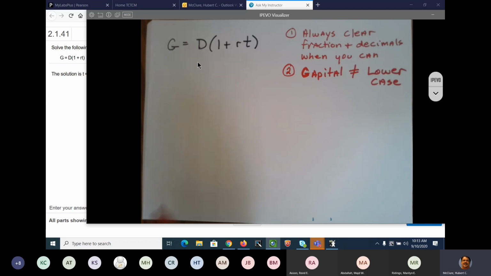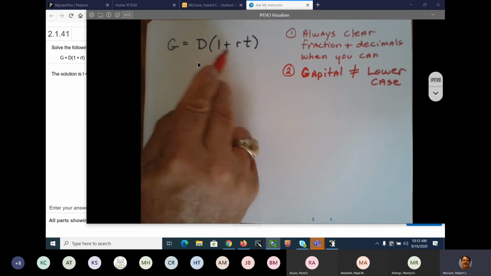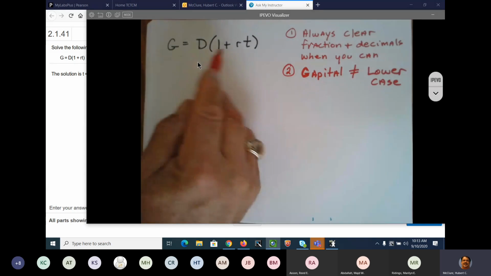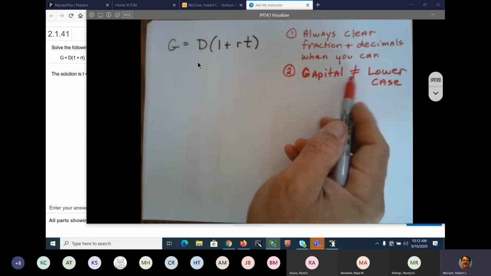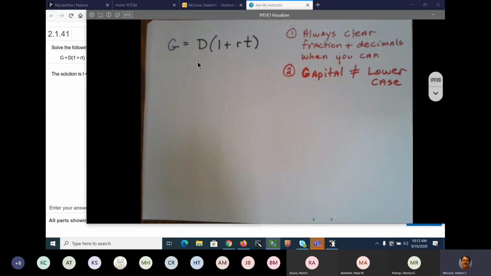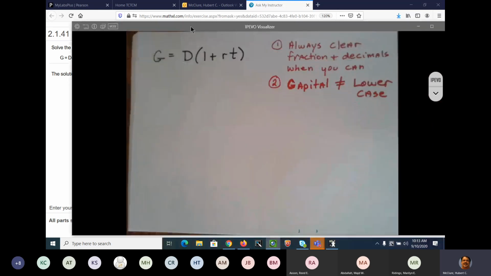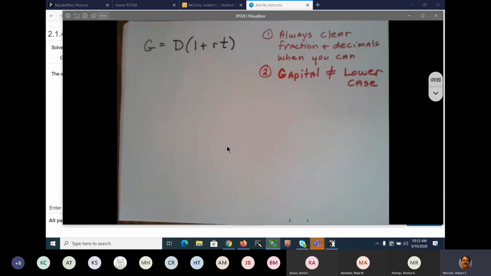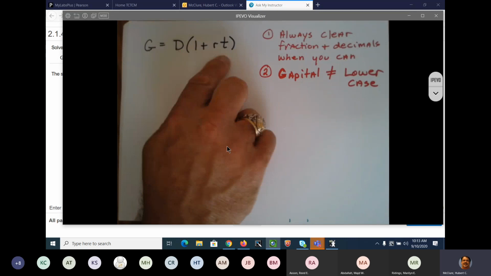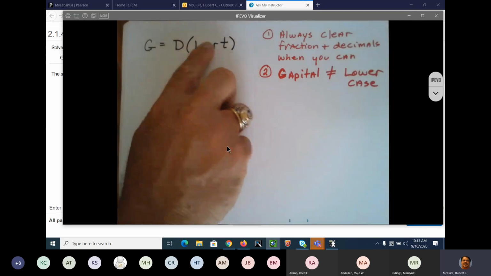Now that I've established there's no fractions and there's no problem with the capital or lowercase, now I can look to see what to solve for. They want you to solve for little t. Well, the first thing I've got to do is get that t separated because that's a cement block with a ring in it.